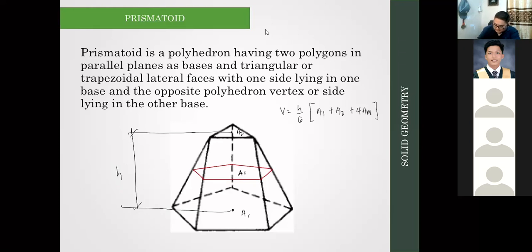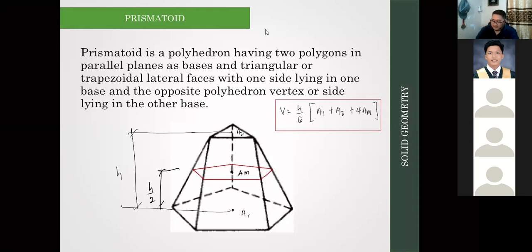So, yung distance niya from the first base or the lower base is just half nung mismong height. Okay? So, itong formulang ito yung general formula na pwede niyong tandaan para makalculate yung volume ng other shapes natin. Kapag halimbawa nalimutan nyo yung formula para sa volume ng cone, volume ng pyramid, volume ng cylinder, no?